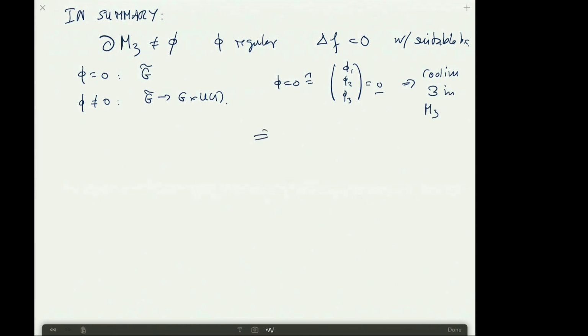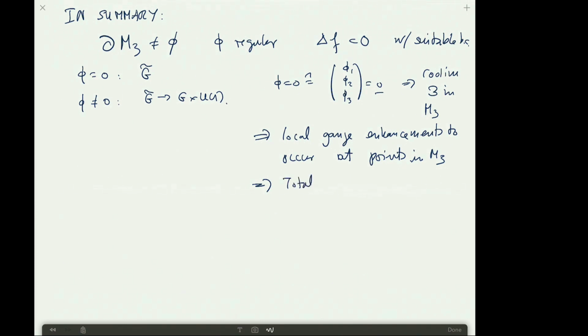So we expect these local gauge enhancements to occur at points in M3, and so these are, in the total space, this K3 over M3, codimension 7.